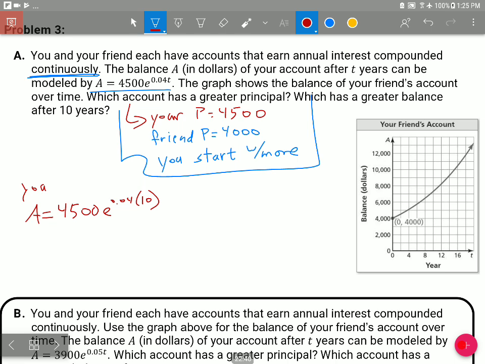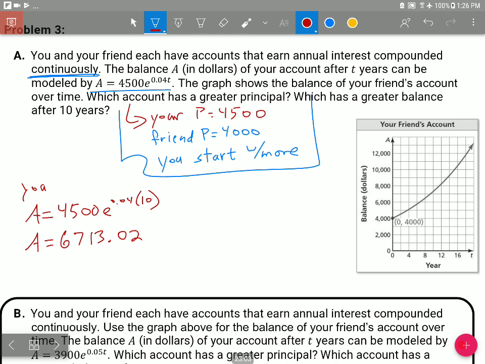Just stick it in the calculator. See what you get. I think it's like 6,700 and something, but I don't remember off the top of my head. 6,713 point, is it 21 or just 2?